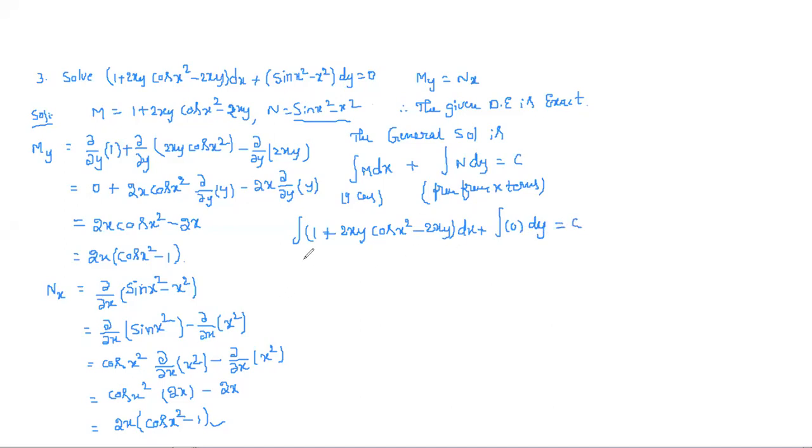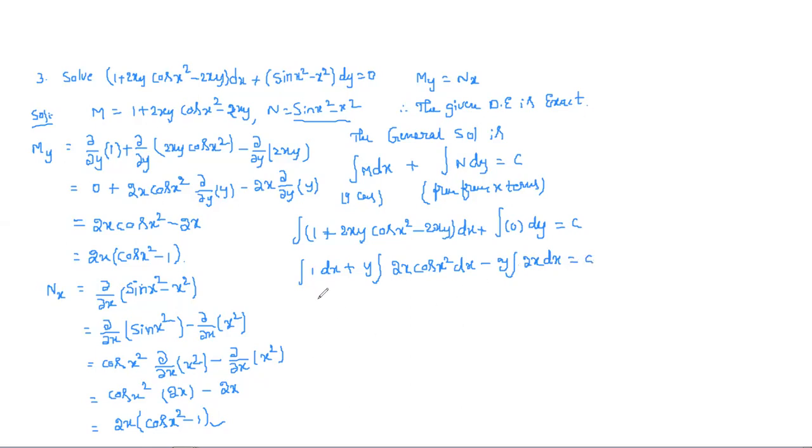And now here, y you should treat as constant. So we can write integral 1 dx plus integral, y is a constant, of 2x cos x² dx, minus y is a constant, so y we can write outside, integral 2x dx, is equal to c.